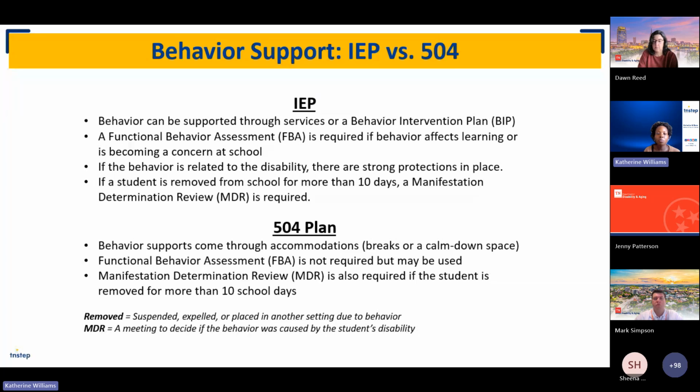And just to note, when we say removed, that could mean suspended, expelled, or placed in another setting due to their behavior. And then under a 504 plan, behavior support usually comes through accommodations. An FBA, the functional behavior assessment, is not required, but it could still be done if that is what is needed. And those same discipline protections would apply as well.